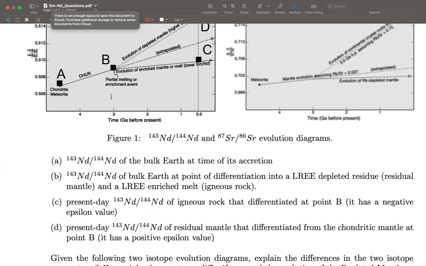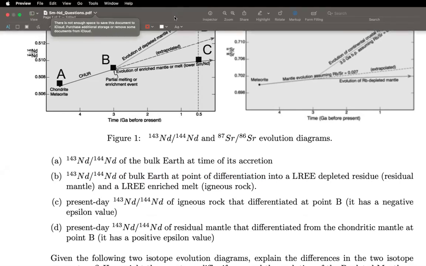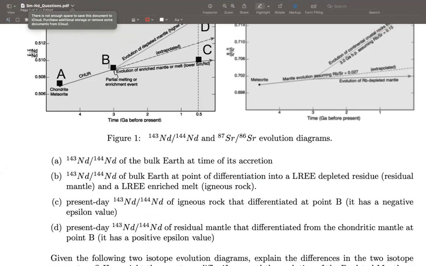We discussed that at approximately 3 Ga there was some event which took place, where the Earth started differentiation. At this point, it started differentiation. So this is the point where the differentiation started.